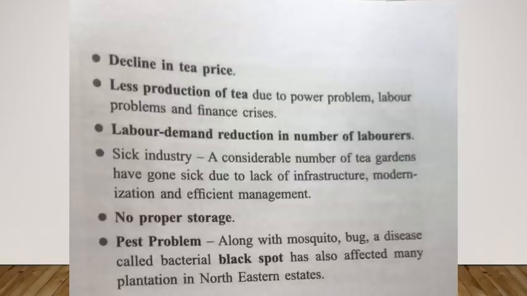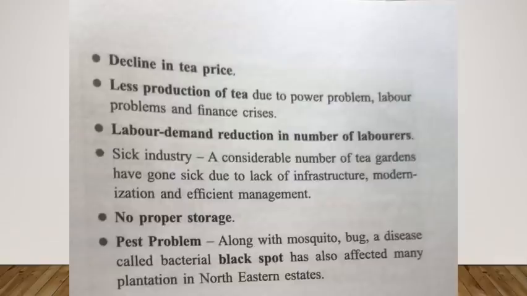Sick industry. A considerable number of tea gardens went sick. Sick industries are those which suffer losses because of the lack of infrastructure, modernization and efficient management. Because they were not managed properly, the infrastructure was not good, and they were not modernized, many of the industries started to incur losses.